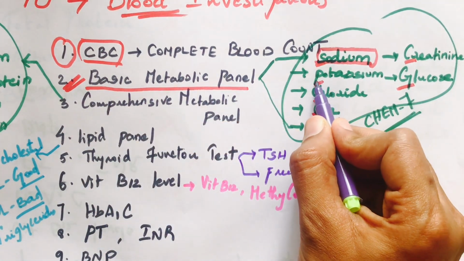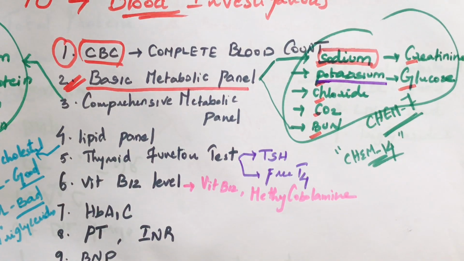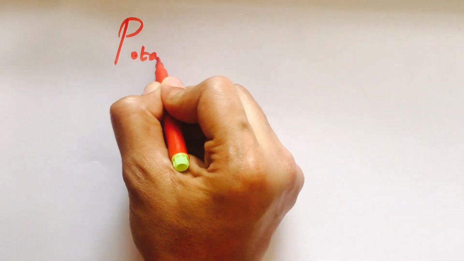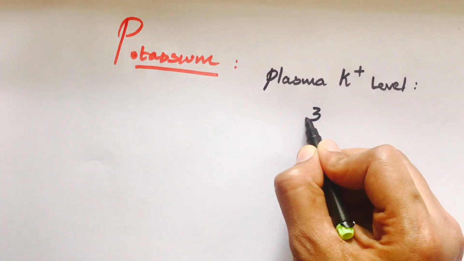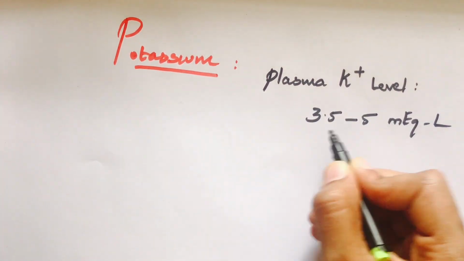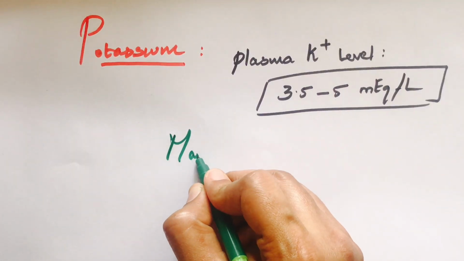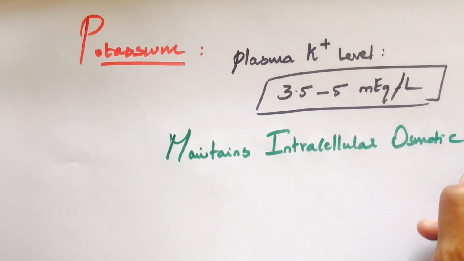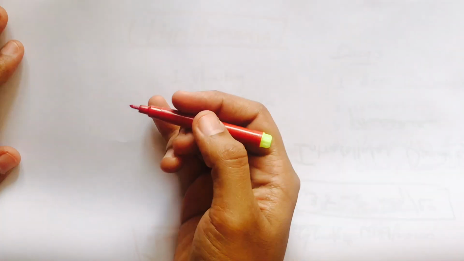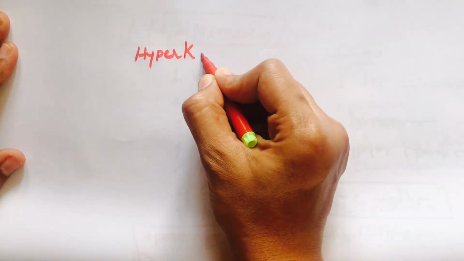The next most common electrolyte is potassium. The normal potassium level is 3.5 to 5 milliequivalents per liter. And why do we order potassium? To monitor the intracellular osmotic pressure.